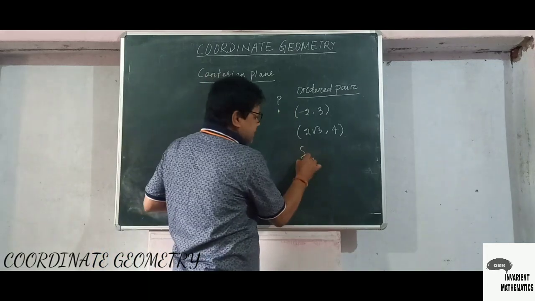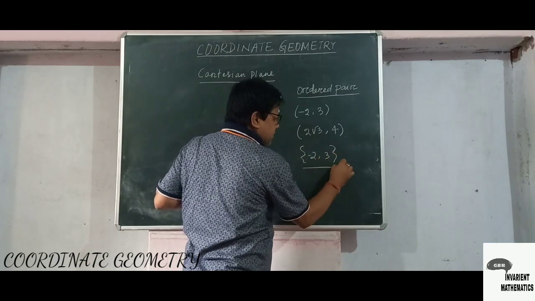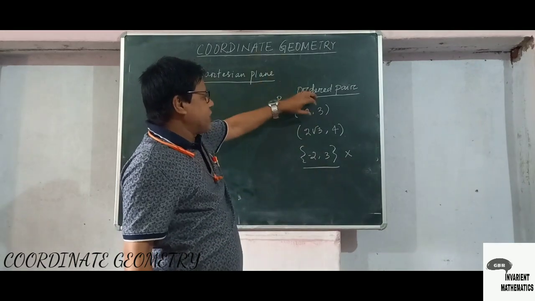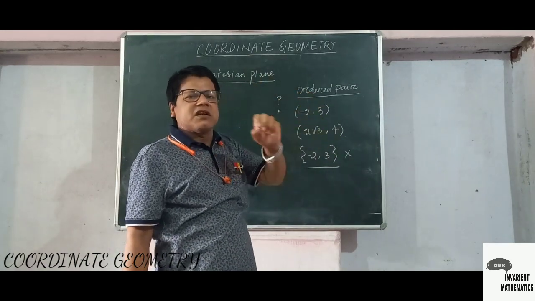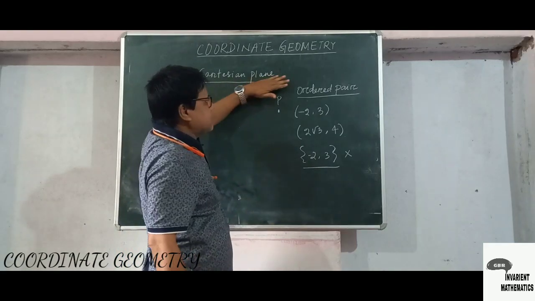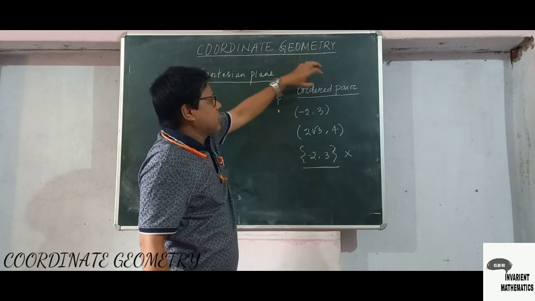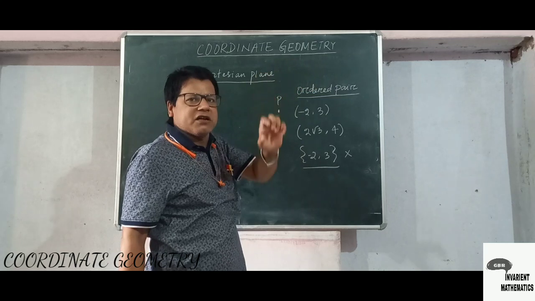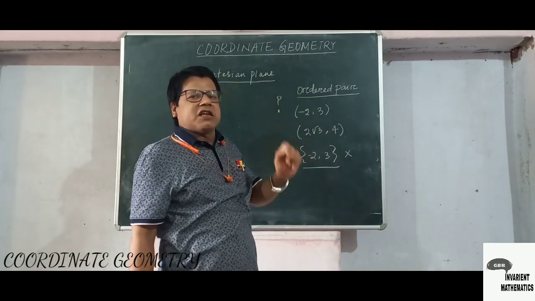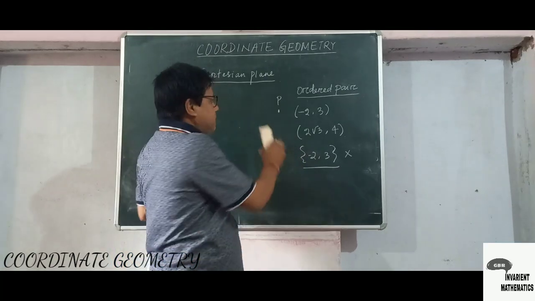If I write inside a curly bracket, this is not an ordered pair. An ordered pair means two real numbers written inside a small bracket. So, according to the Cartesian plane, all points on the plane relate with an ordered pair.